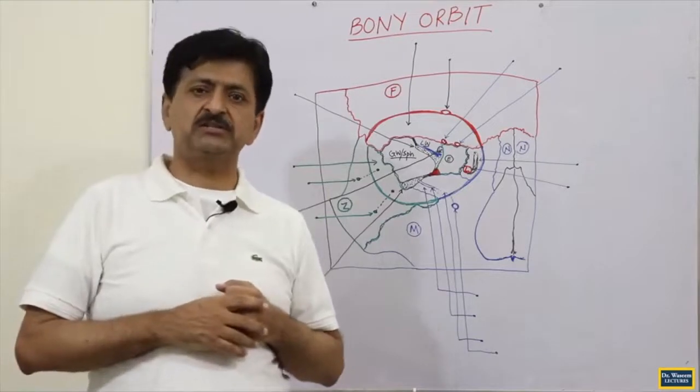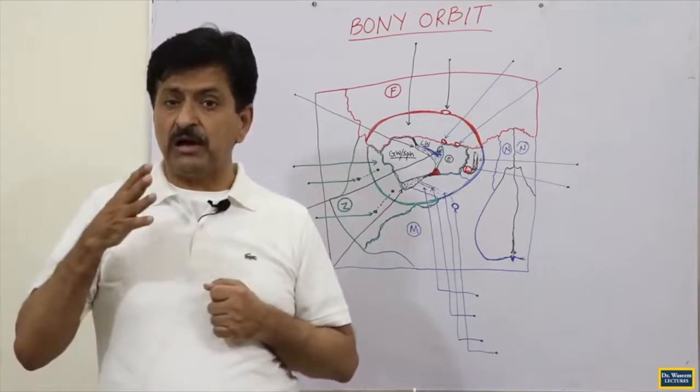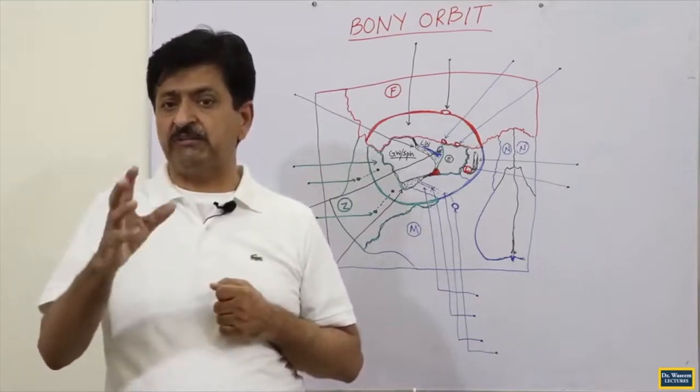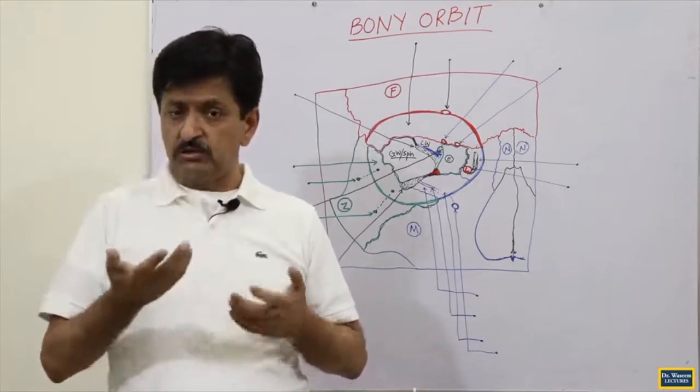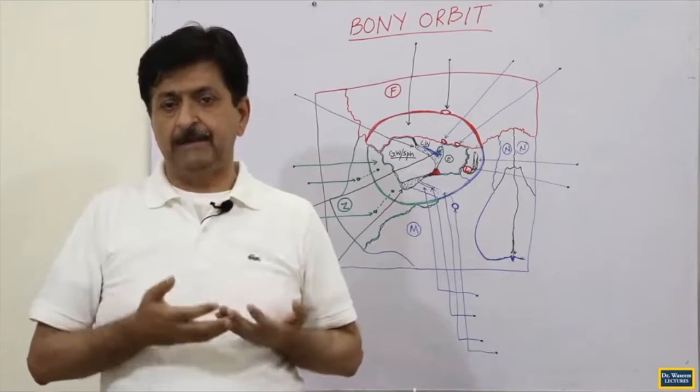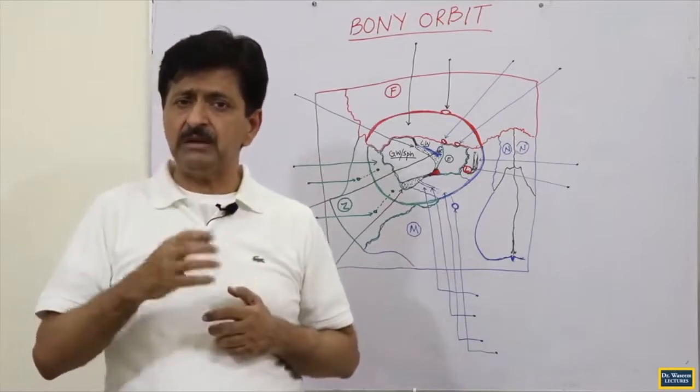Not necessarily all the structures which are entering the orbit through certain fissures and foramina are subserving your eyeball only. No, they want to access your face. That's why they are passing. These structures are lying here.